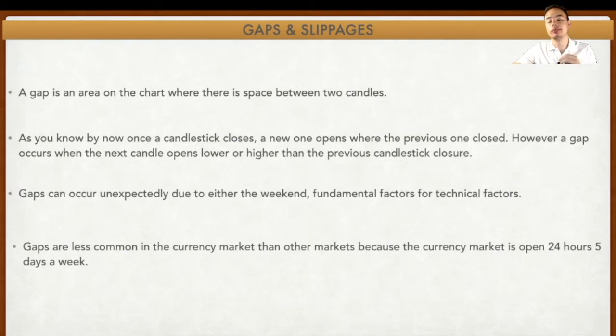Now, it's less common in a currency market, so Euro USD, GBP USD, etc. Because the currency market is 24 hours, 5 days a week. So like I said, the market will only close on a weekend, whereas like stocks or whatever, it might close at night, or whatever else there is out there.